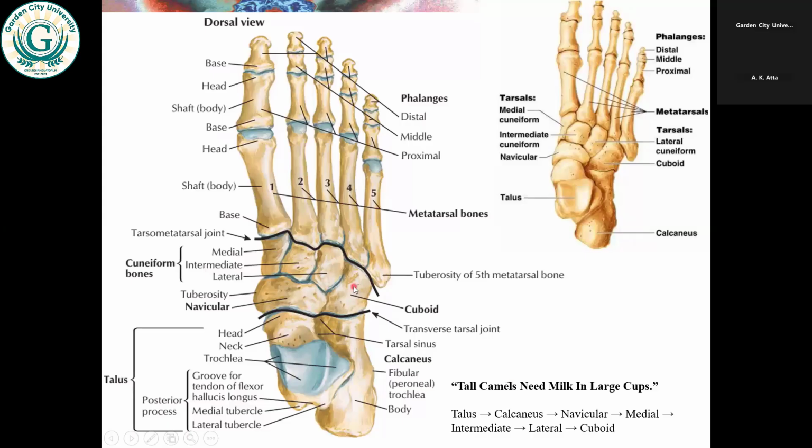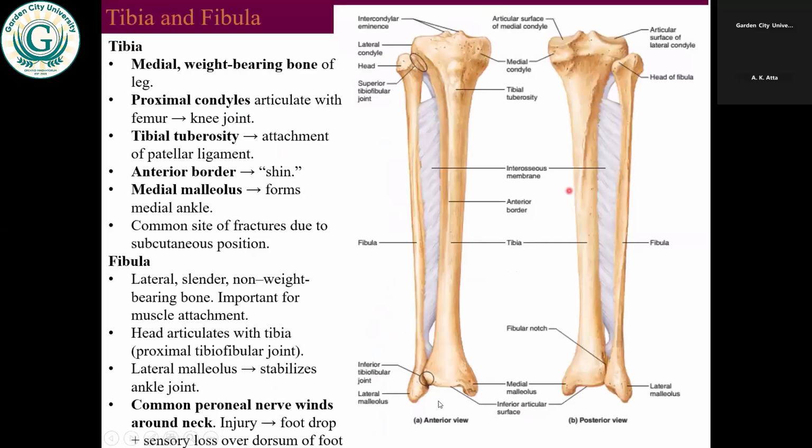Then this is the cuboid. The cuneiform bones are medial, intermediate, and lateral. So in anatomical position, this will be lateral, medial, and this is the intermediate. So these are the tarsal bones, the calcaneus, the talus. The talus will fit here to form the ankle joint.